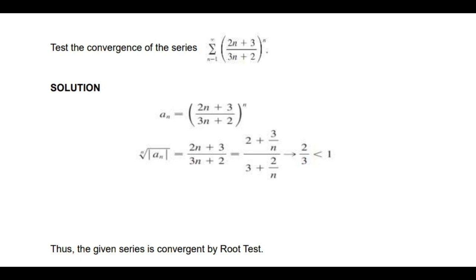So the nth root of the absolute value of a sub n gives us 2n plus 3 over 3n plus 2, which equals 2 plus 3 over n over 3 plus 2 over n as we divide each by n. So that is the result, and the limit is 2/3. As 2/3 is less than 1, the given series is convergent by the root test, based on the considerations that we have earlier.